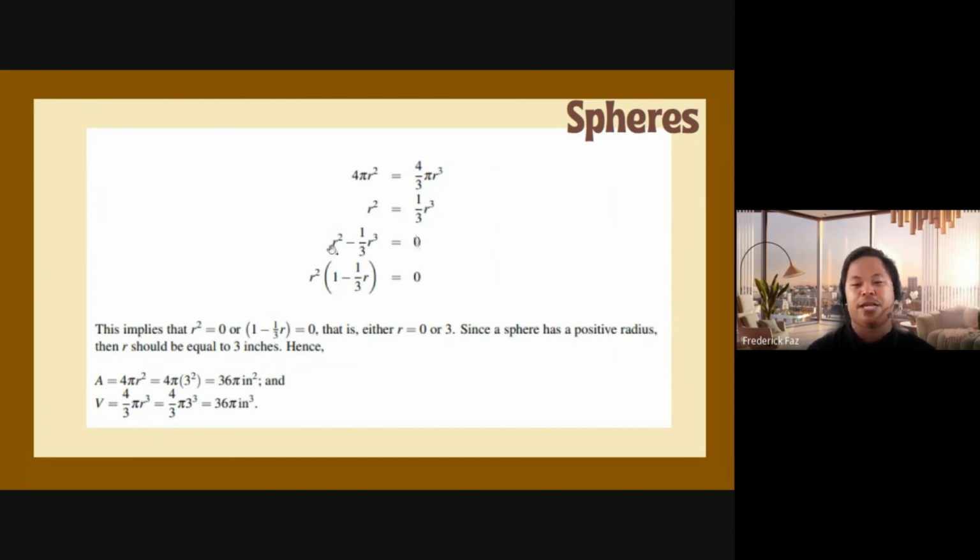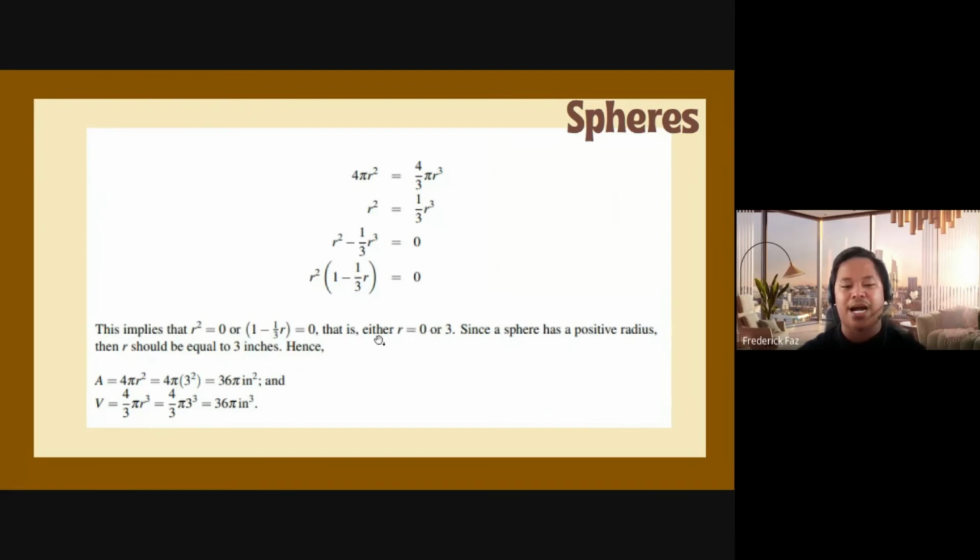So we have here an equation which is equal to 0. So factor out r squared times the quantity 1 minus 1/3 r is equal to 0. So solving for r squared is equal to 0, so 0 na siya dito. Or 1 minus 1/3 r.